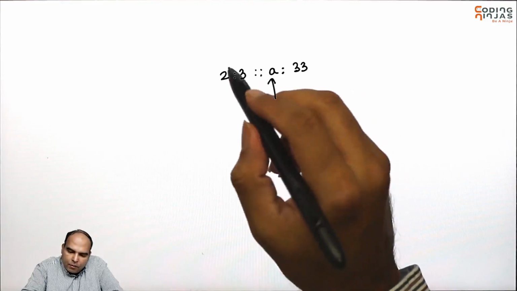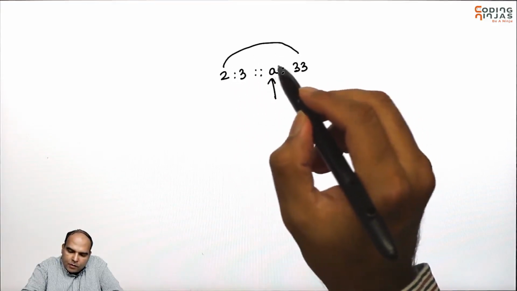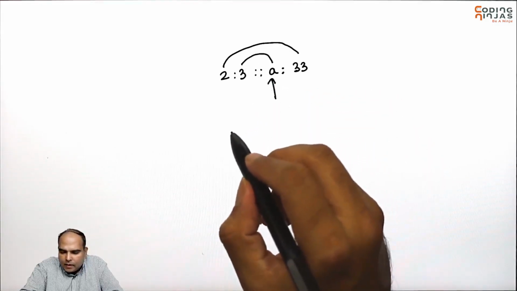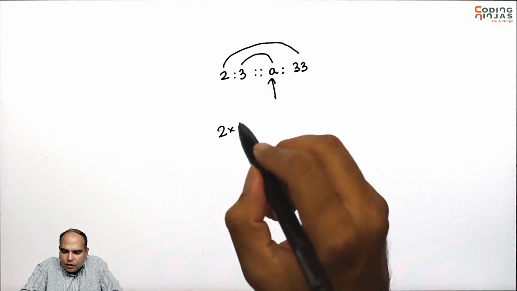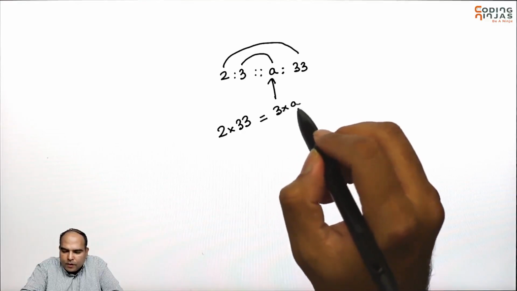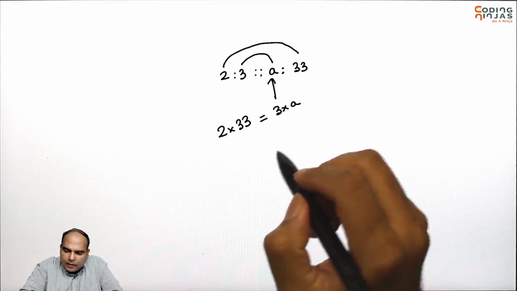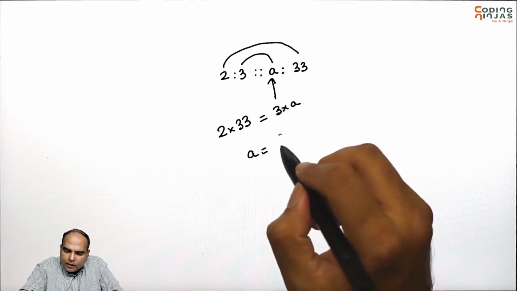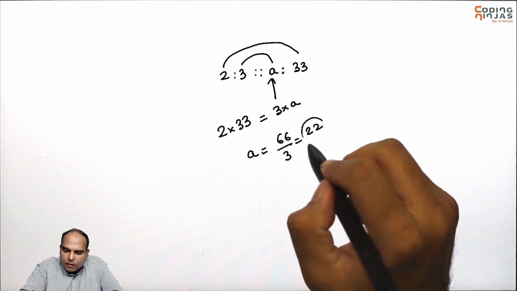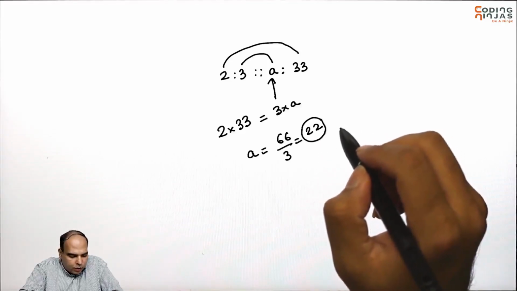You should be able to use the product of extremes is equal to product of means, and find that the product of extremes being 2 into 33 and the product of means being 3 into A, these two should be equal, and hence the value of A is essentially equal to 66 by 3, which is 22, and this becomes the answer to this question.